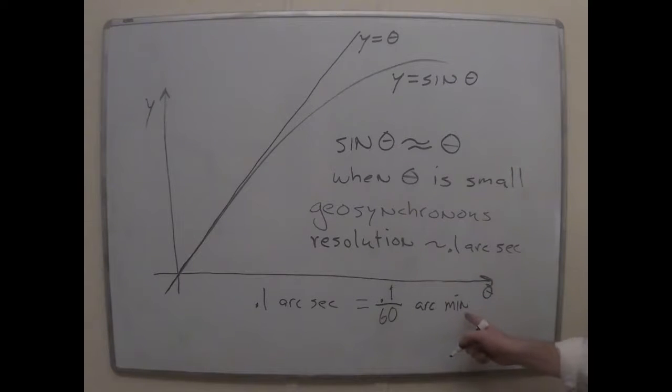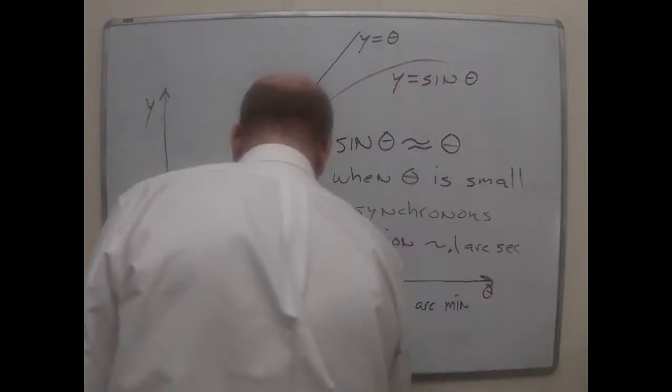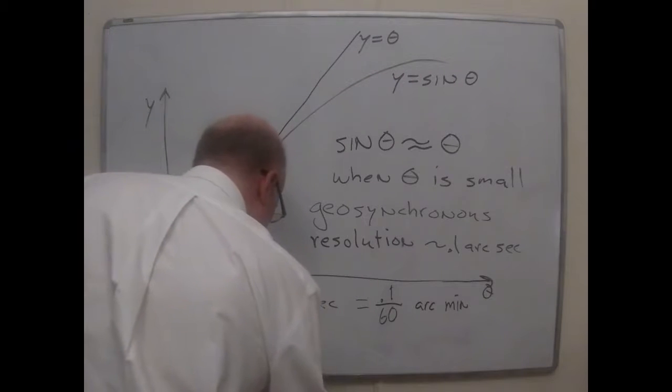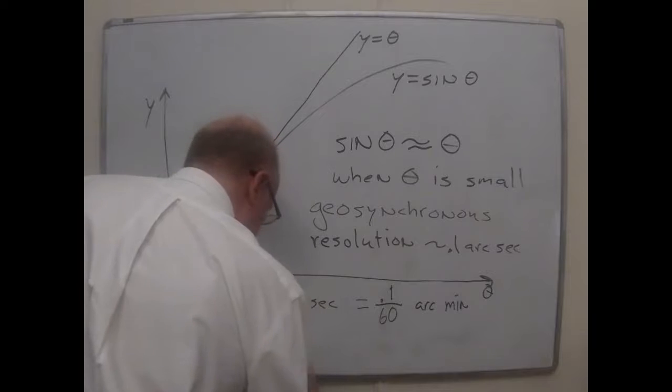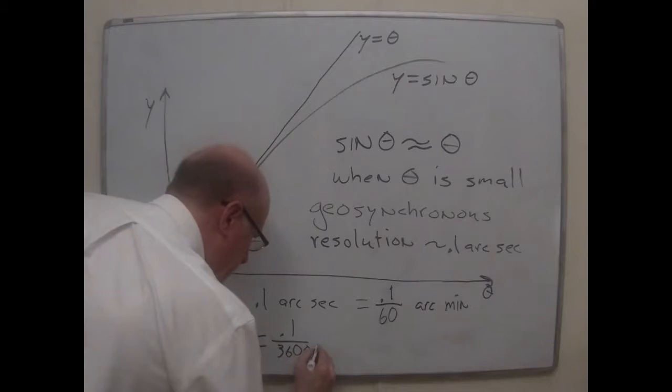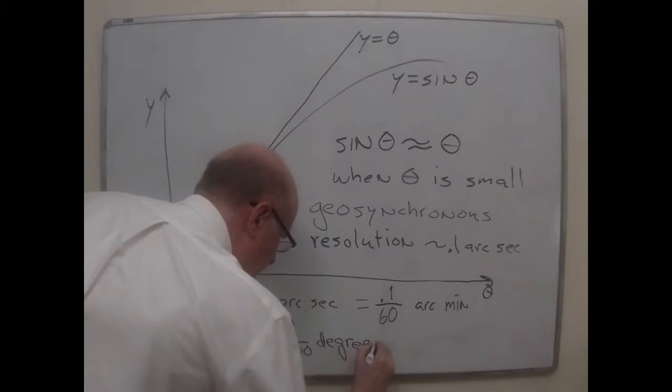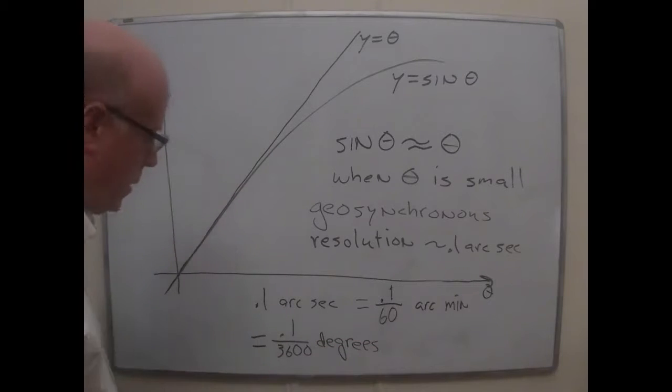And then you divide that again by 60 to get it into degrees. So it's equal to 0.1 over 60 squared, or 3,600 degrees. Not a very big number.